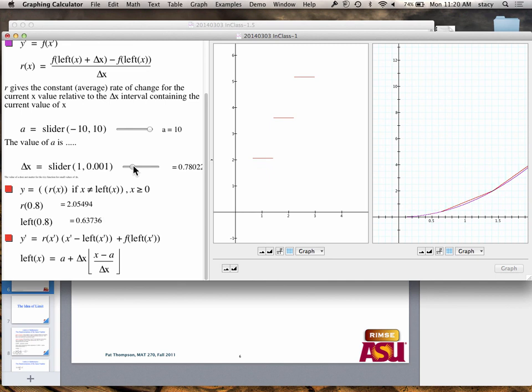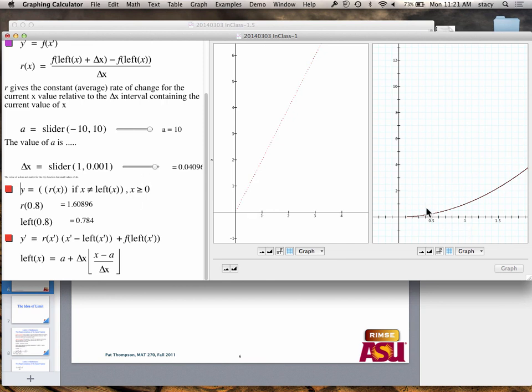What we're doing is taking the slopes of these pieces and recording them on the left graph. Each of these pieces, those constant rates of change, are those steps. When I let delta x get really small, I get more and more steps, because I've got more and more delta x intervals. As they get so small, this becomes a really good approximation.